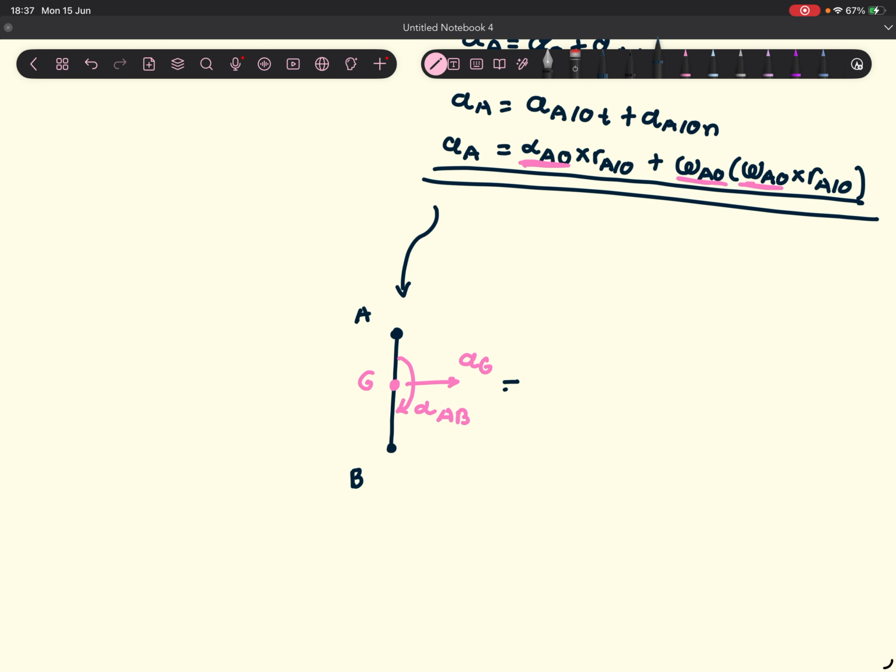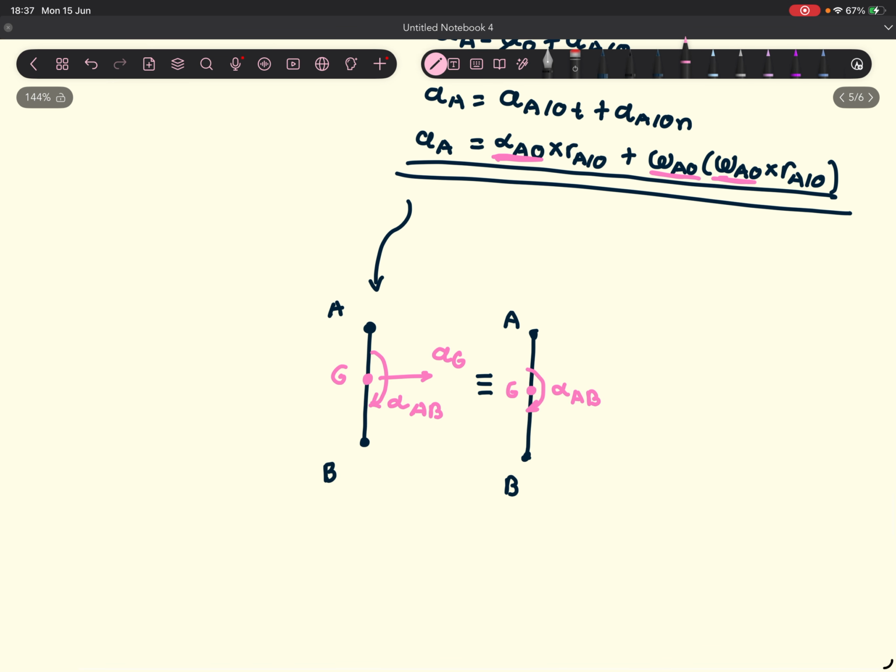So we can break this situation up into a pure rotation case. We're going to have point G, and we're just going to have rotation in this case, and then we have point A, and then point B. And then to that we're going to add the translation case, where we just have the acceleration due to translation.